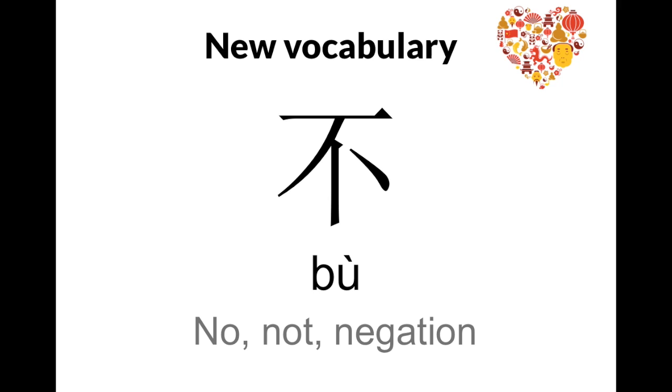And if it comes before another tone 4, it will change into the second tone. So for example, if you want to say that you don't want something, which is very common, for example, at a Chinese dinner table, you say 我不要. So because bu comes before yao, which is another tone 4, it changes into bu. And why? Well, as for all exceptions in Chinese pronunciation, it's because it simply is easier to pronounce.